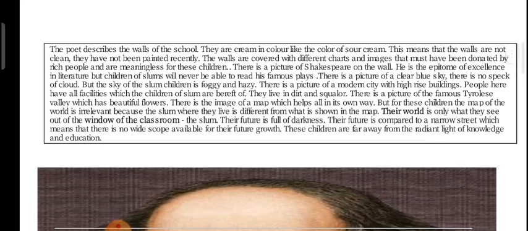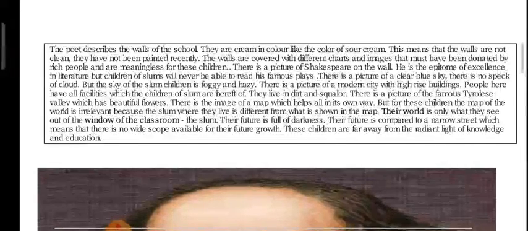The walls are covered with different charts and images that must have been donated by rich people and are meaningless for these children. There is a picture of Shakespeare on the wall.